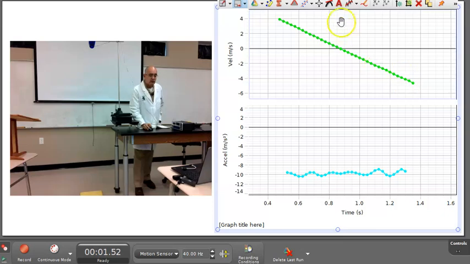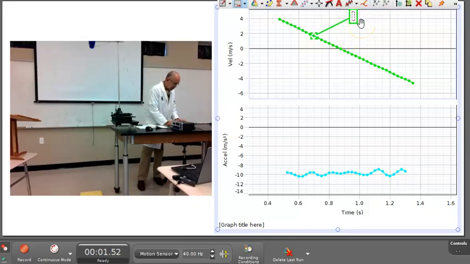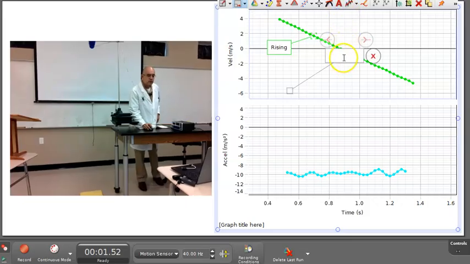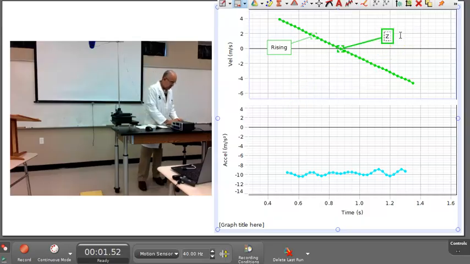Oh, by the way, I can put some text on it. At this point right here, the ball is rising. Then let me move the bar here. At this point right here, the ball has 0 velocity, so this is maximum height.